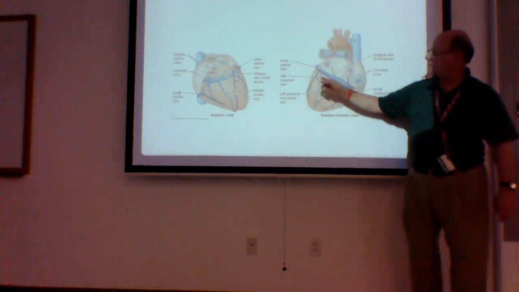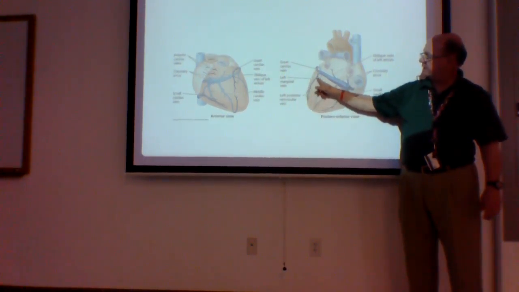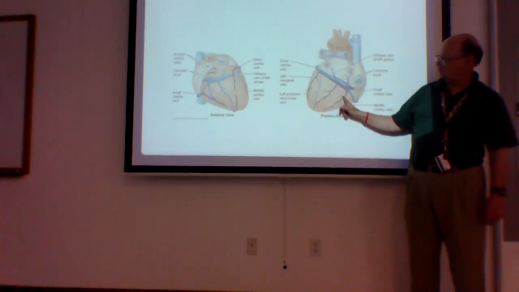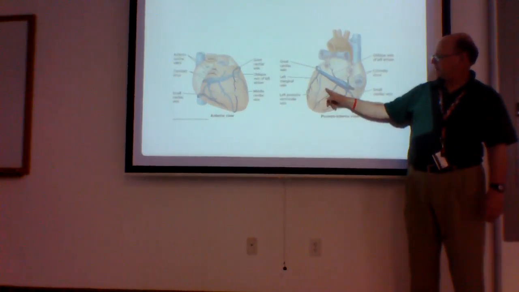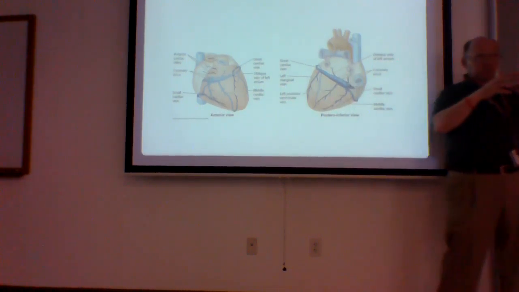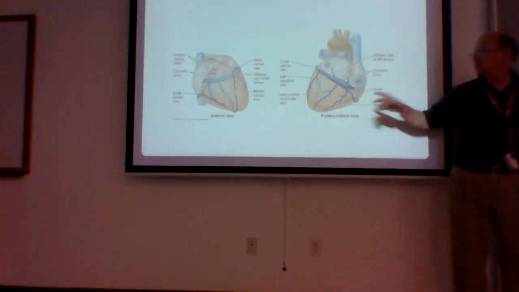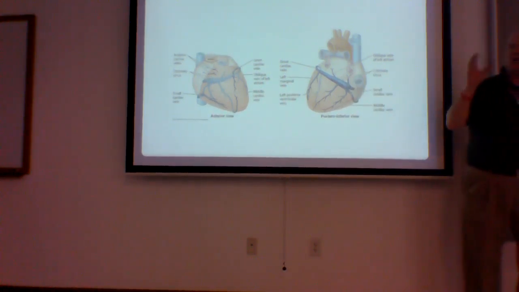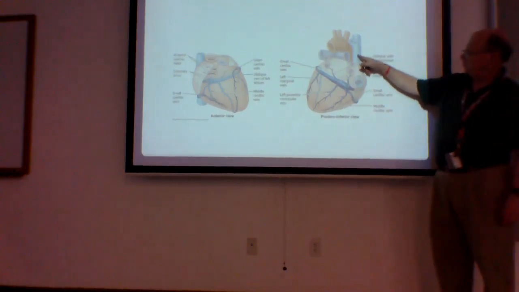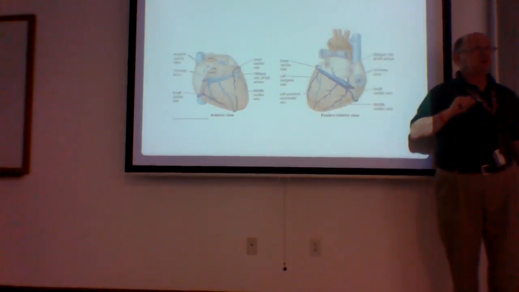When it comes around to the back, it begins to expand and pick up other veins, the left marginal and the middle cardiac vein, which travels with the posterior interventricular. They ultimately drain into this large, loose-walled vein called the coronary sinus. And the coronary sinus ultimately empties into the right atrium along with the superior and inferior vena cava. Okay?